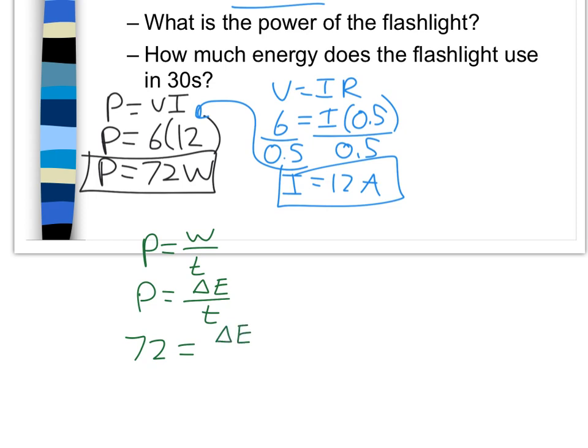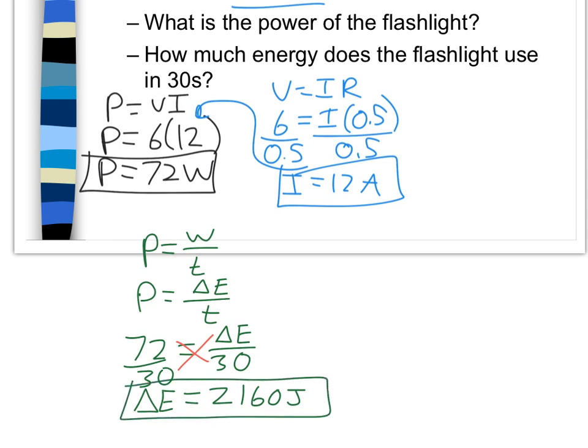We're trying to figure out how much energy is used with that power of 72 watts in a time of 30 seconds. Once we have that set up, we can cross multiply, and we find that the amount of energy is going to be 72 times 30, or 2,160 joules of energy over that 30-second period of time.